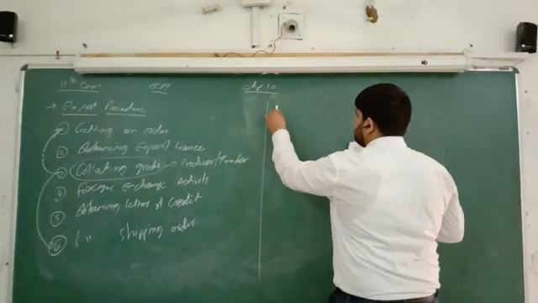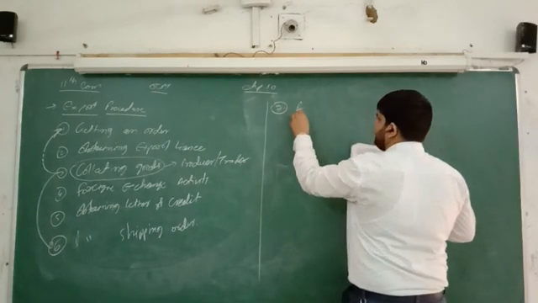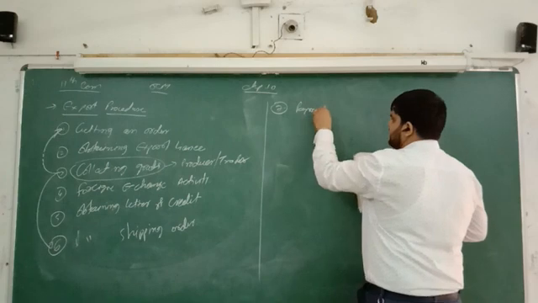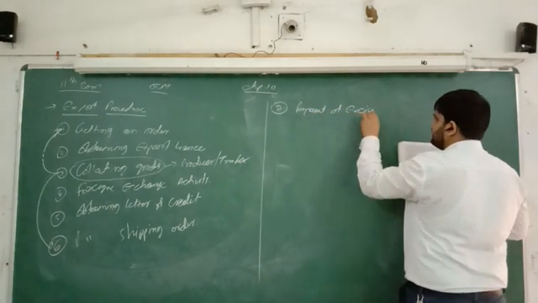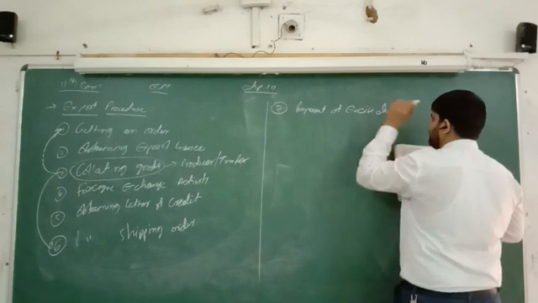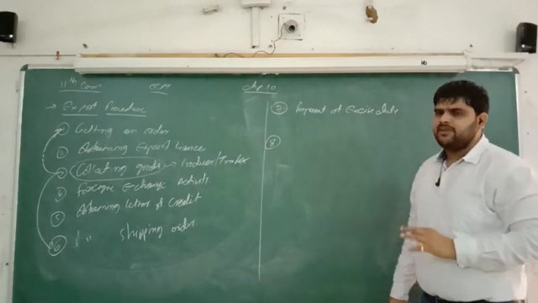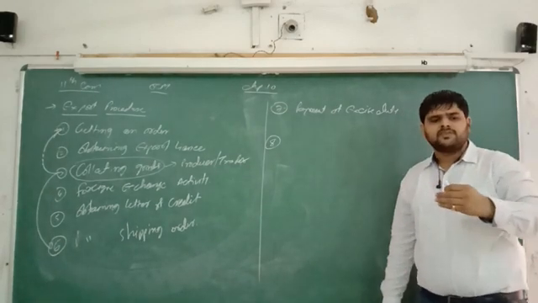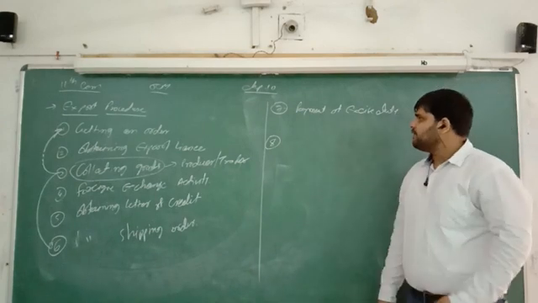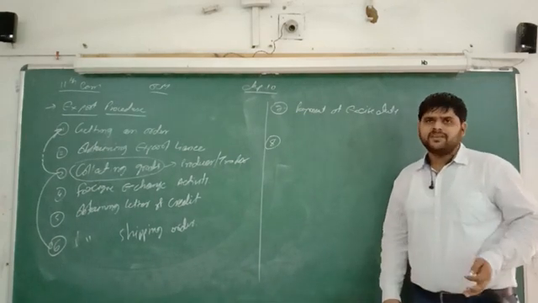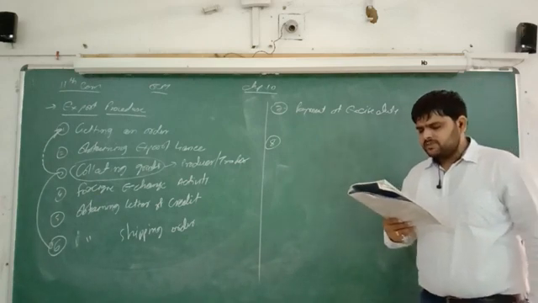Next one, number 7, that is payment of excise duty. So this is number 7. After getting the shipping order, now we have to send the goods to another country. So definitely what do we have to do? We have to pay the excise duty. Each exporter has to pay the duty.